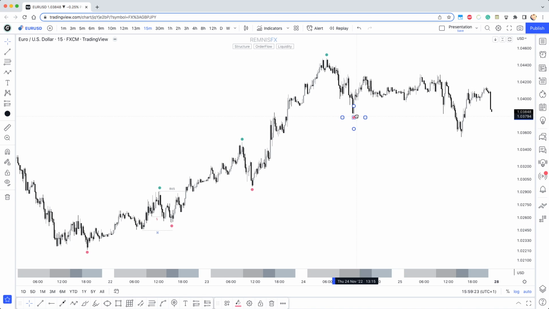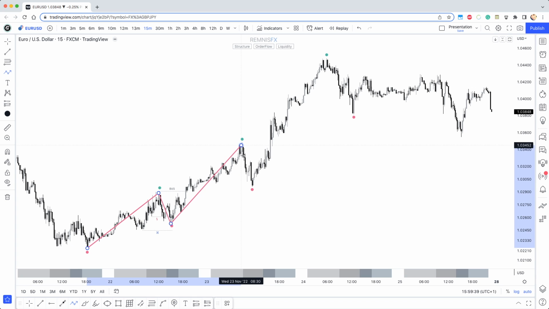And now this one, right, is my confirmed higher low, okay? So if we look at it structure-wise, it would be something like this right here. Okay, so basically this is your major structure.